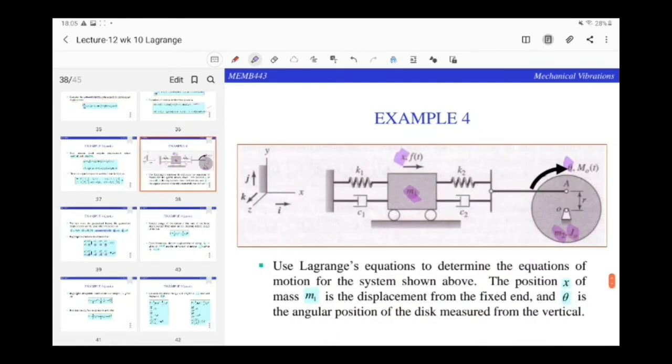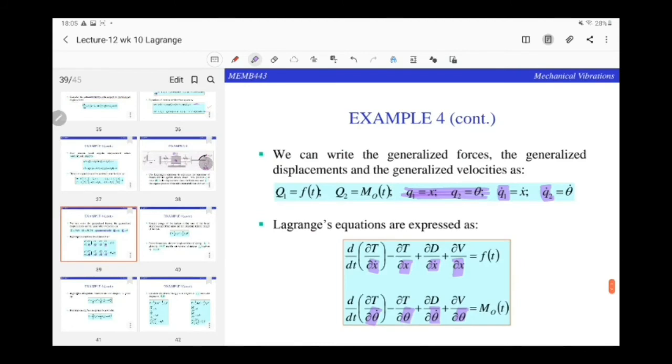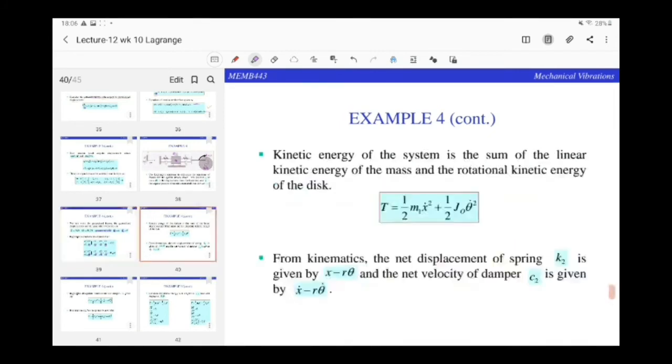Since here they do have C, K, M, they have all three elements. So that's why you are going to use all the energy expressions here. You have 6 expressions basically there. So let us take a look at kinetic energy. As we have seen, we have M1 and J0 there.